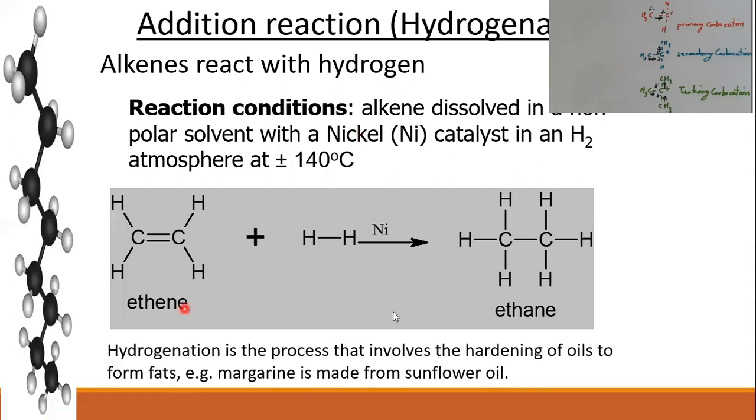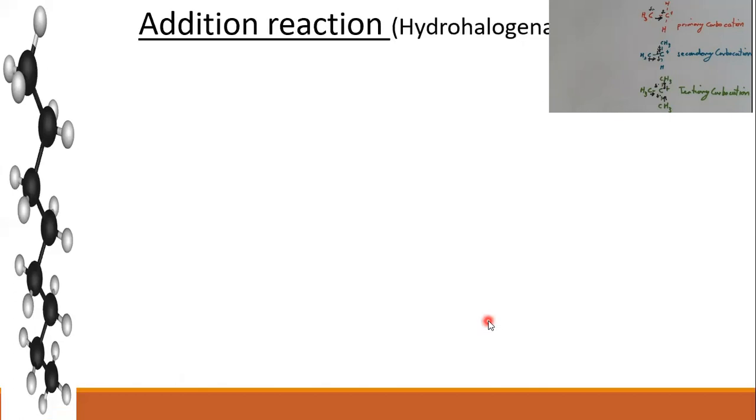So what is hydrogenation? Well, it's the addition of hydrogen to a double bond, and we end with ethane. Very significant in industry because this is how they make margarine from sunflower oil. So a very important process. I think you would also know this from IGCSE.